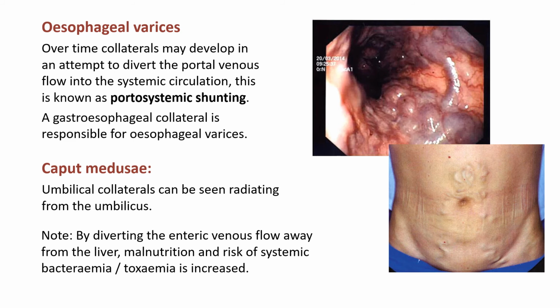So remember, we said any pathogens that manage to make it through were going to get nabbed by the Kupffer cells in the liver. Well, that's not going to happen if you bypass the liver. So we have potential for malnutrition, even more, and the risk of systemic bacteremia and toxemia.